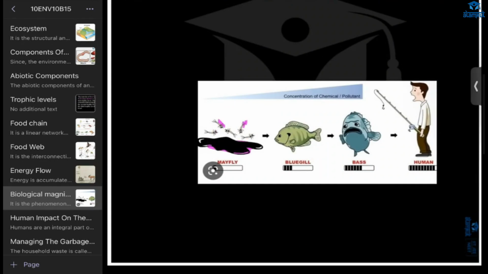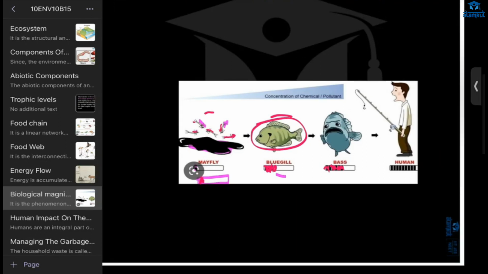Here, for example, this is the toxin. This mayfly will eat it, so the mayfly will have only this much toxin. Next, it gets eaten by the bluegill fish, and here the toxin level will increase because it is going to eat so many mayflies. After that, the bass, another type of bigger fish, will eat the smaller fish, and here the concentration of toxin will again increase, because this bass will eat more small fishes which contain this toxin.